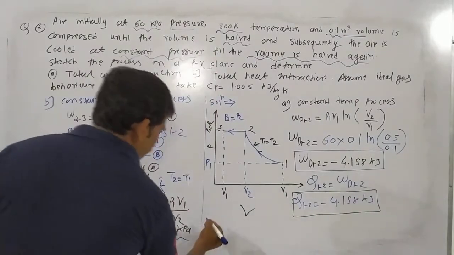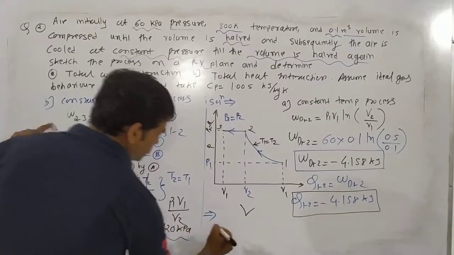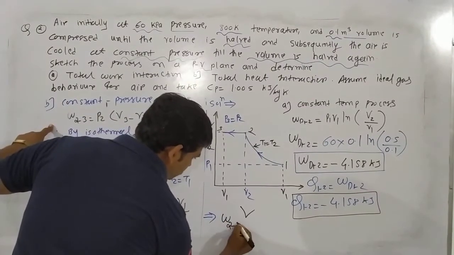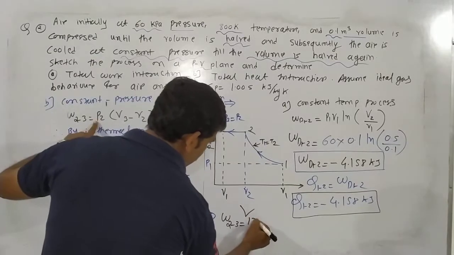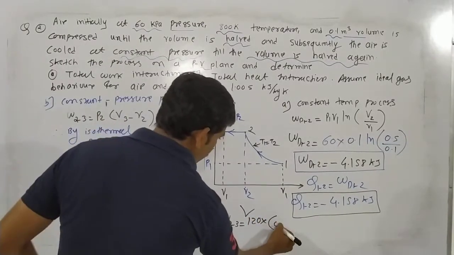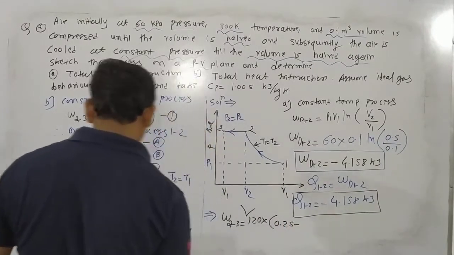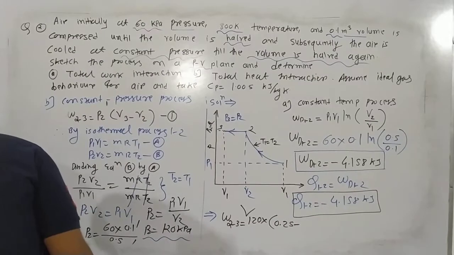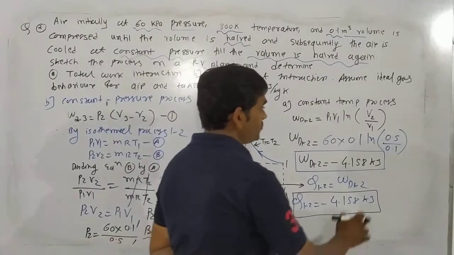So I solve here. Equation 1 becomes work done, how much? P2 is 120 into V3, which is 0.25, right? Okay. V2 is how much here?